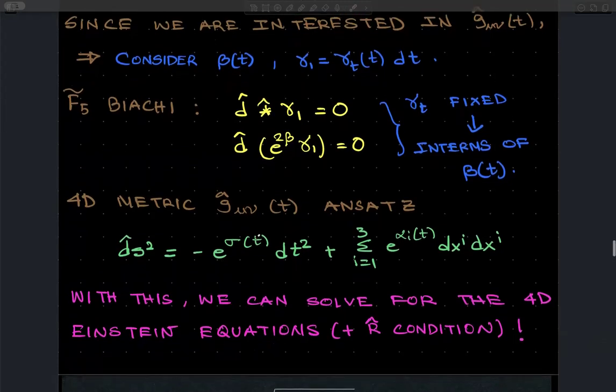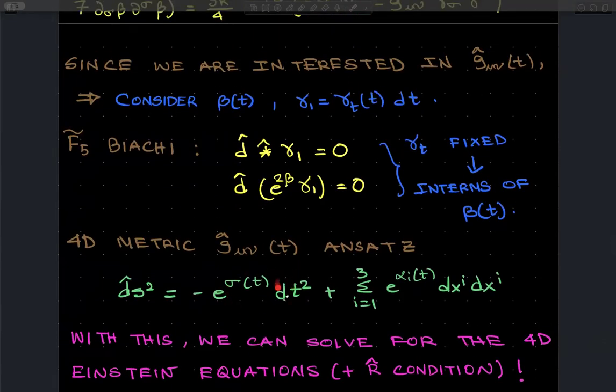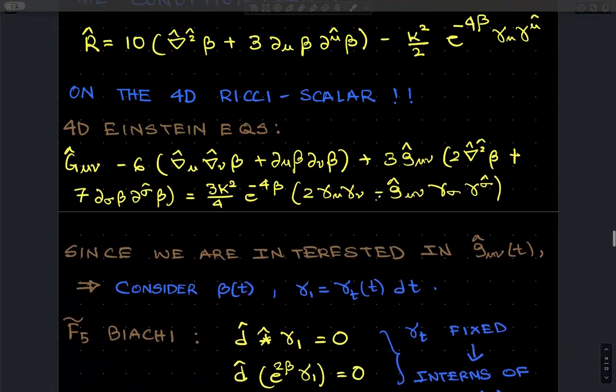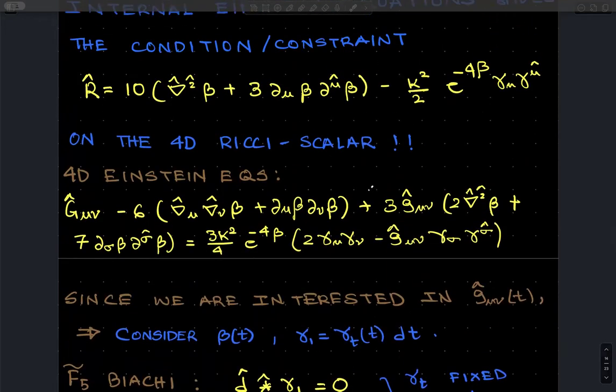So with this, we now move on to take an ansatz for the 4-dimensional metric. Of course, one can absorb this by moving to a T prime frame into this factor, but we have kept everything explicit here. So now our job, once we have solved this form equation, is to solve the 4D Einstein equation plus this R hat compatibility condition that we get from the internal Einstein equation.